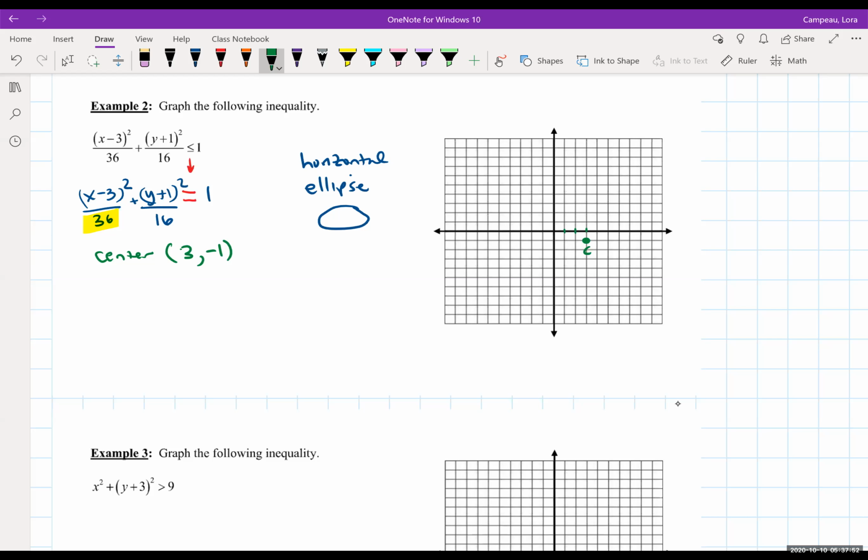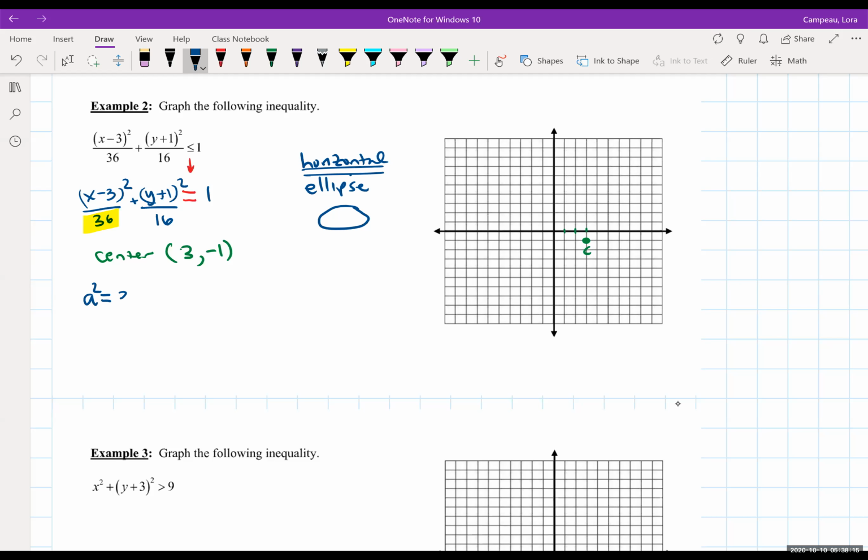And then to figure out the main portions to help me with the graph, I'll figure out where my vertices are and my co-vertices. Because we have a horizontal ellipse, I'm looking at who a and b are. In this case, a squared is the larger number.